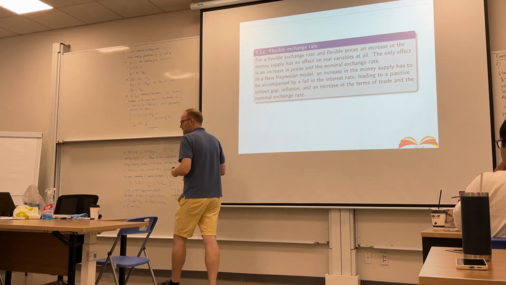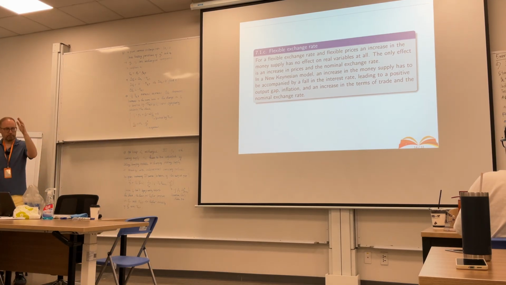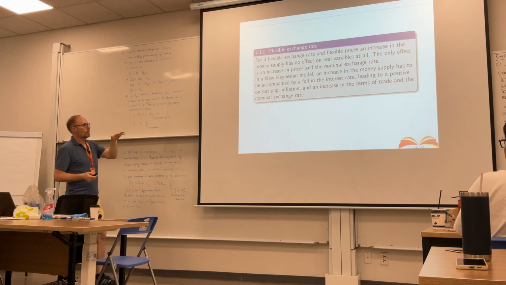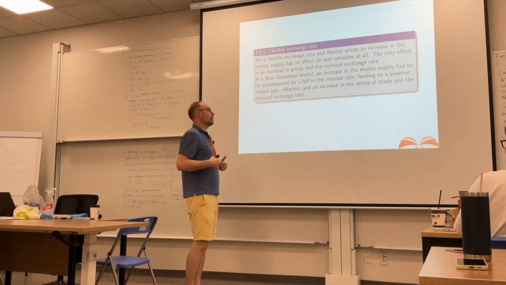Right? So we know in the Keynesian model, if we have the liquidity effect, the money supply going up means interest rates fall. And interest rates falling means households are going to, prices aren't going to adjust fully, so this means a drop in the real interest rate.